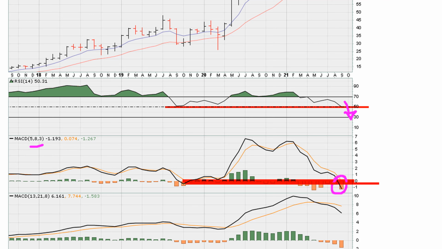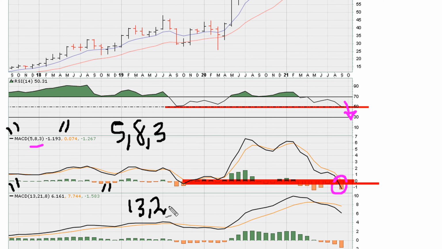Remember, for my charts, I use 2 MACD settings. So the first MACD setting is 5, 8, 3. The other MACD setting that I use is 13, 21, 8.